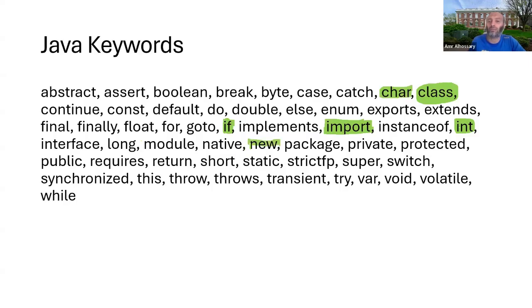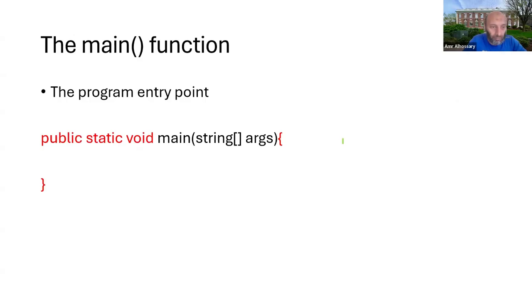You cannot do that. But you can make something like new Robot. This is fine. The program entry point is public static void main, and we can create a main function using the shortcut main.